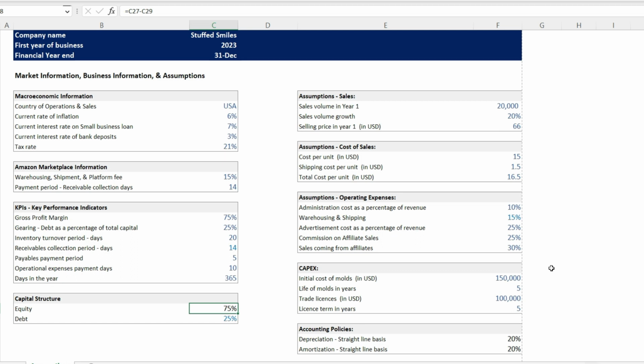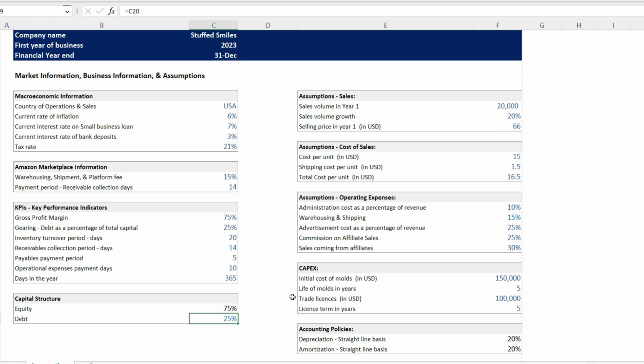The client may say that she is only interested in raising 10% debt, and when you change that here in your benchmarks, your equity should be automatically updated. That's why we don't hard code, rather we link it using the formula. Again, this 75% is this 100%, which is not visible but it is there, minus this 25%. So this is the second qualitative aspect.